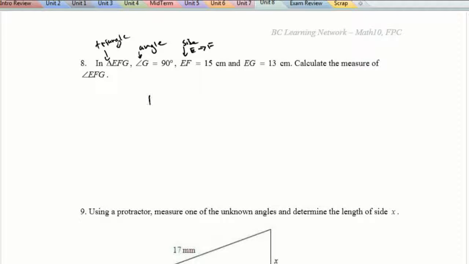So let's see if we can draw our picture. EF, EG. All right, so I know angle G is 90 degrees.